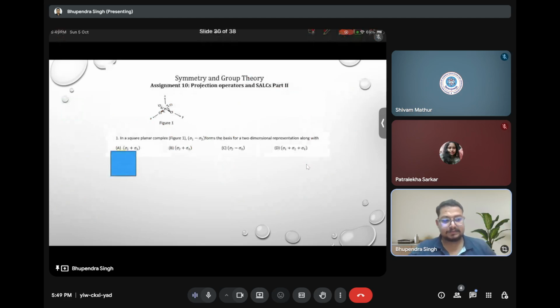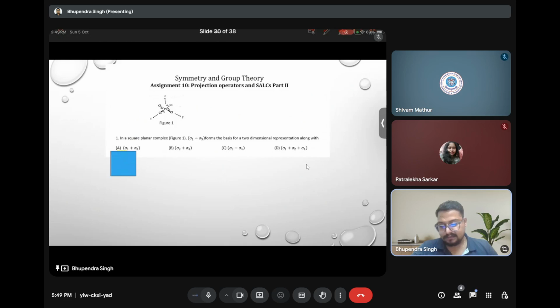Okay. Next question is, this is our last question also. So this figure is a square planar complex.